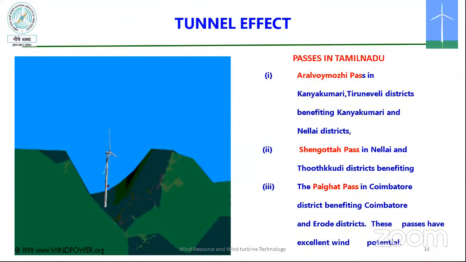So this is called the tunnel effect. What is a tunnel effect?